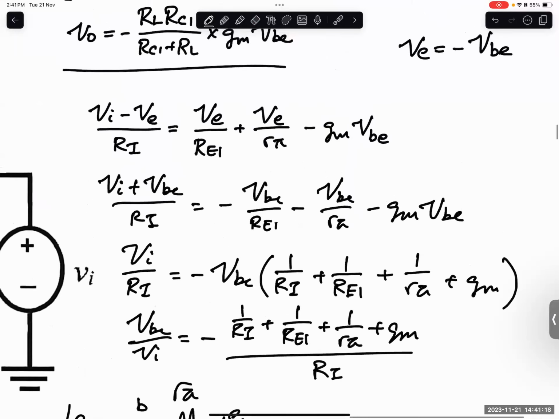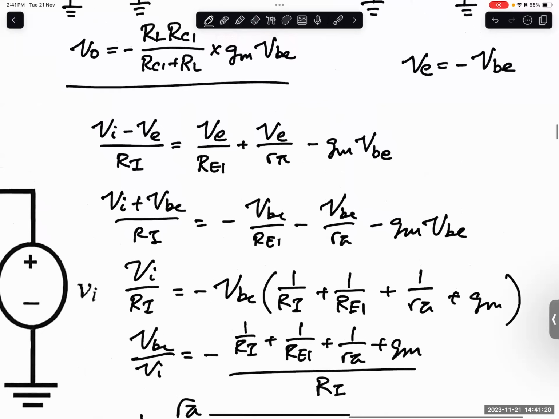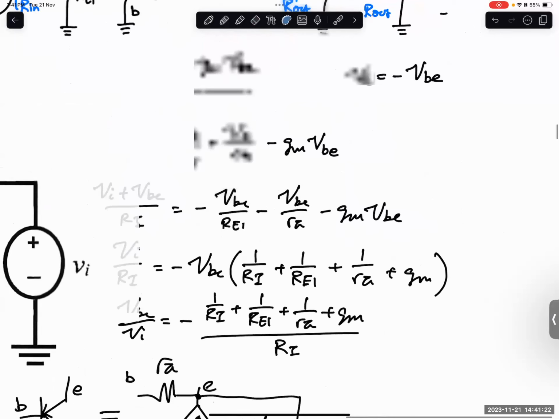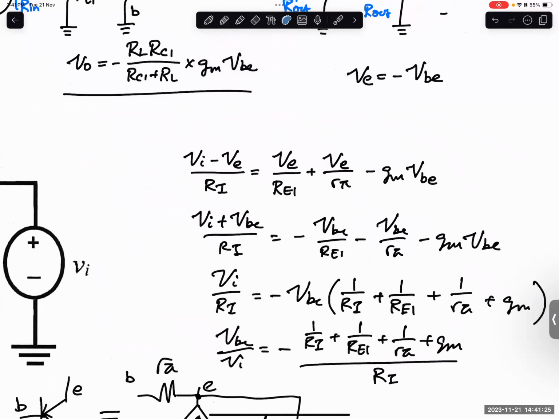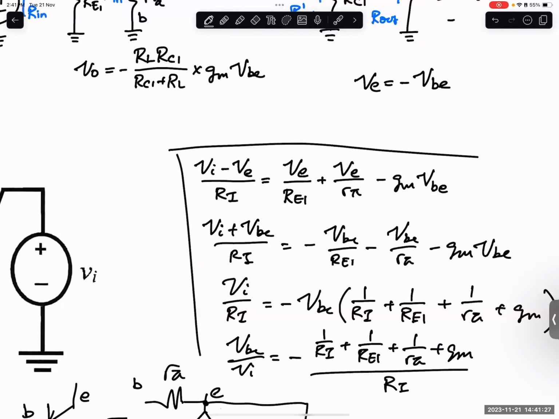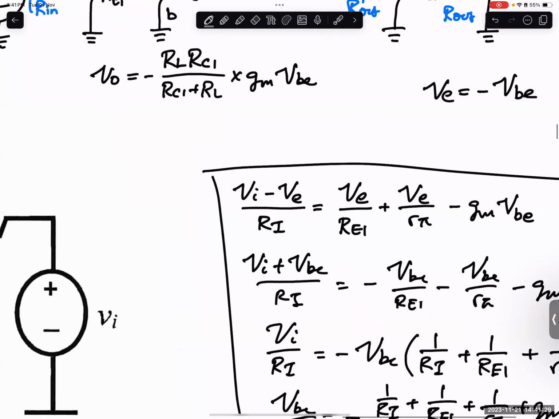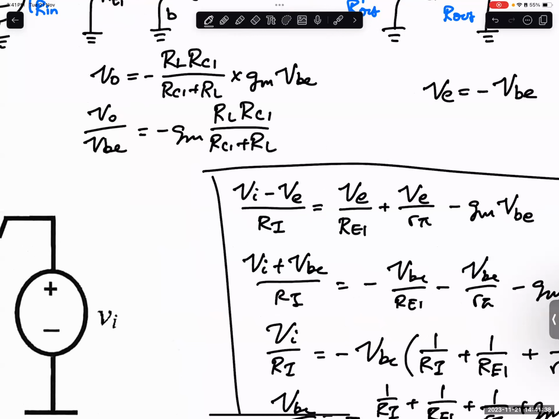And then since we do this, what we can do is express the top part over here. So I just cut off here first. Here is V out over VBE equals negative GM RL RC1 over RC1 plus RL, like that.